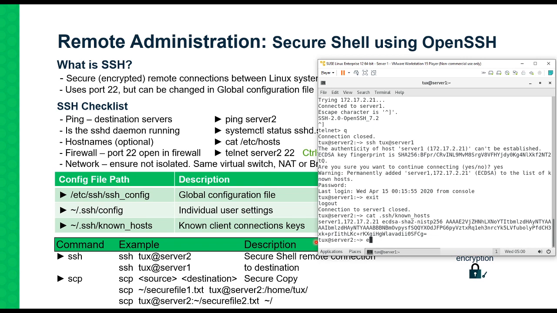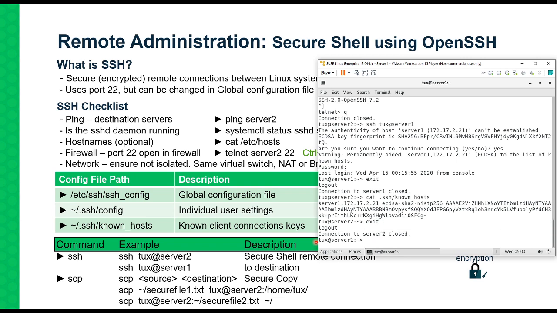So I'm going to now type in exit to go back to our server 1 connection. So now it goes 1 level back. And because we made a connection from server 2 to server 1, I expect to have that file in here as well. So let's do a cat for the .ssh and tab again our known hosts.